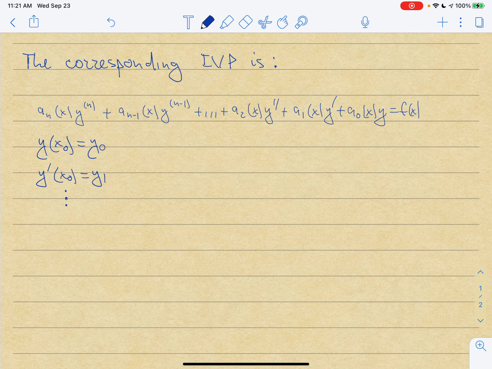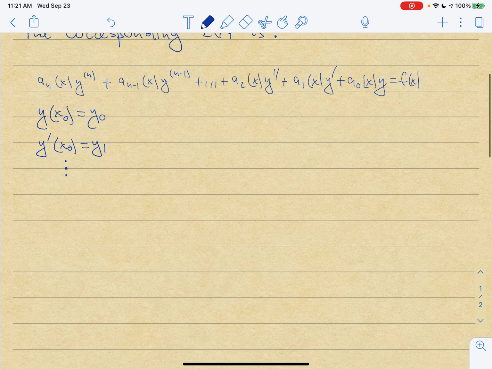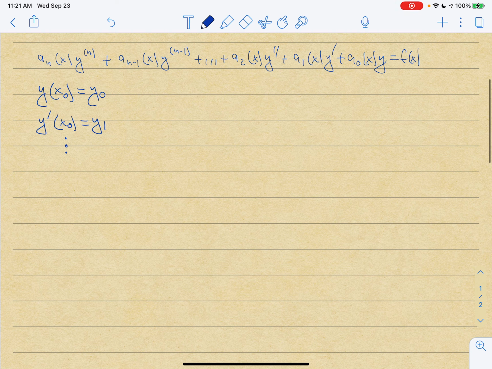We start from the zeroth derivative, then the first derivative. At the end of the day I need n conditions, so I'll have to stop at the (n-1)th derivative. So y^(n-1) of x0 is going to be y_{n-1}, and overall we prescribed n conditions.